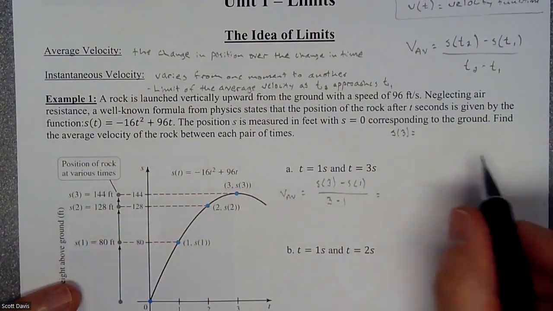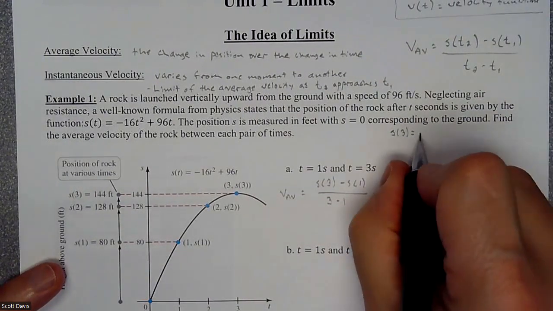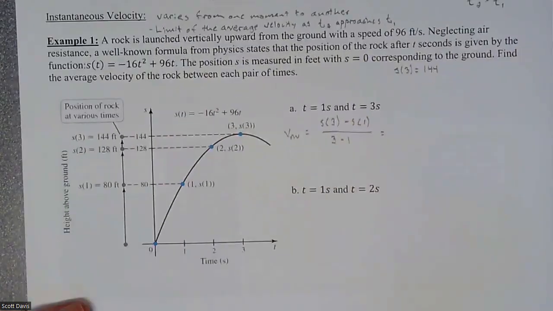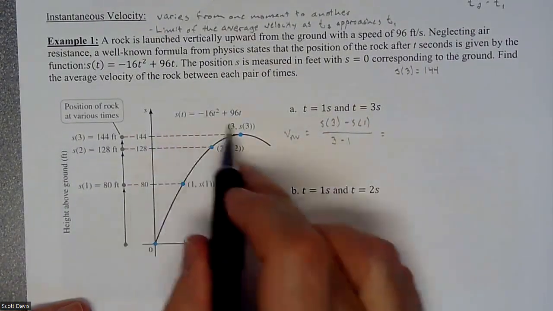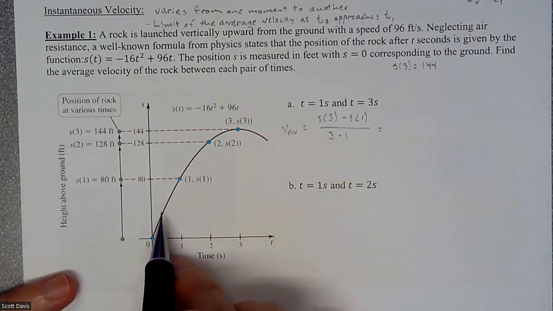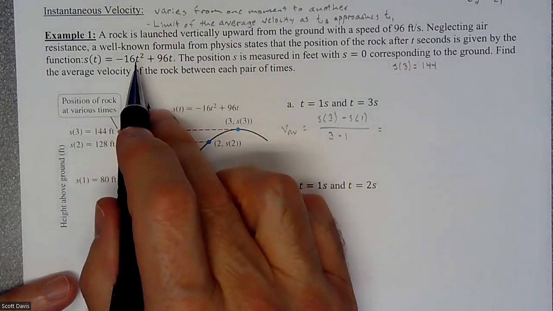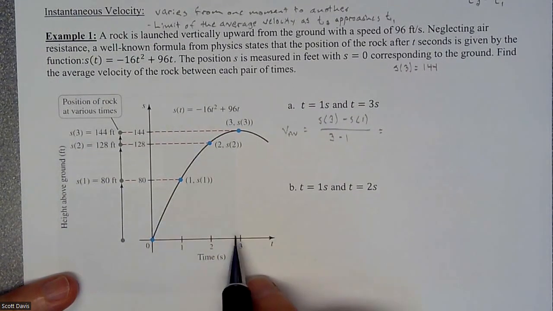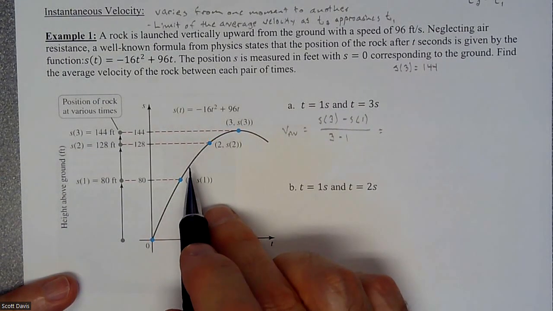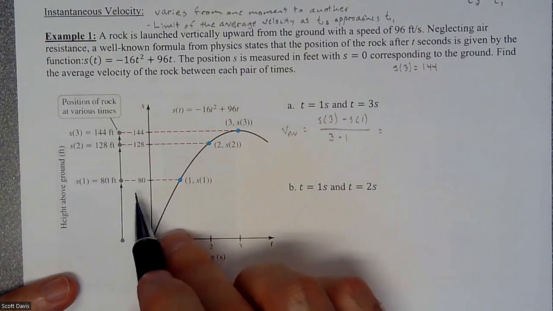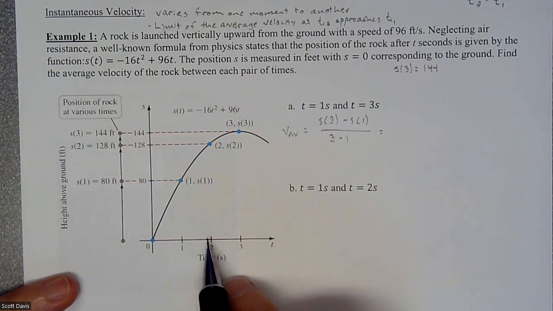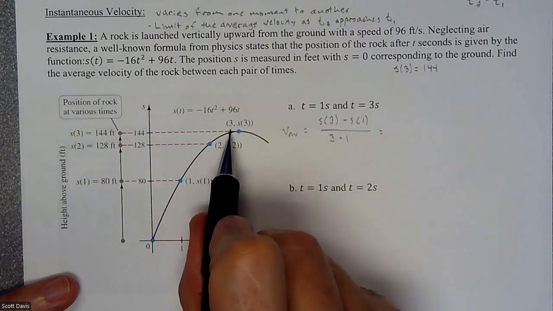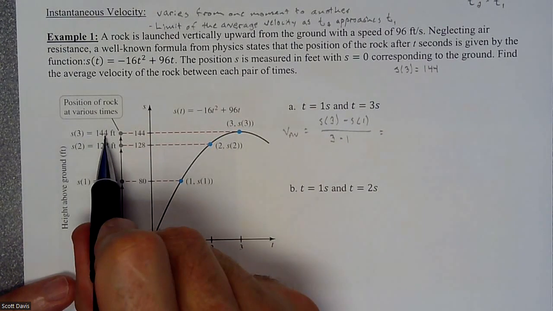I'll spare you the math, but if we throw it in a calculator or do it in your head, you would get 144. This is your visual right here: we have a quadratic that's face down. This is not the position of the rock, but its height related to time. So we can also see here that at 3 seconds, the height was 144.